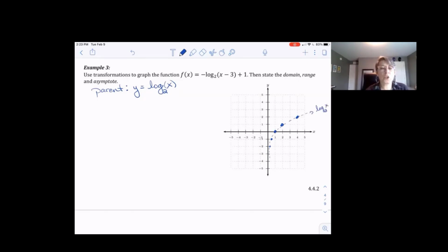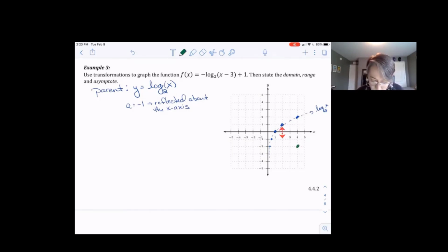So now let's take a look at the transformations that are occurring. And remember, we have to do the reflections and the stretches first. Well, we notice at the beginning our a is negative 1, which just means it's reflected about the x-axis. In other words, we're changing all the signs of our y's. Well, we can do that first. Let's do that in green. So if we take the point (4, 2), we're going to shift it down to (4, -2).